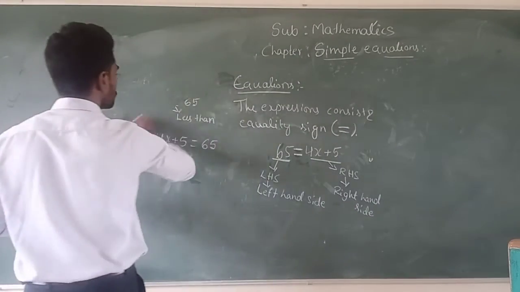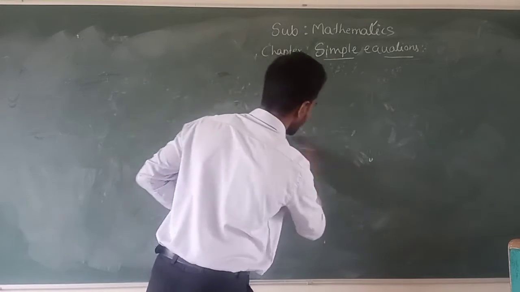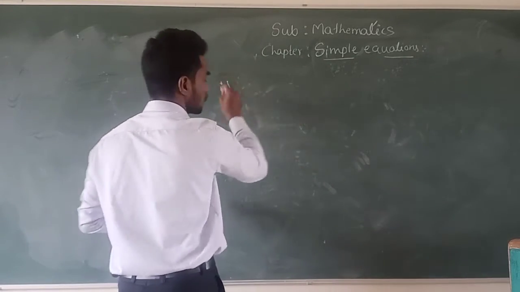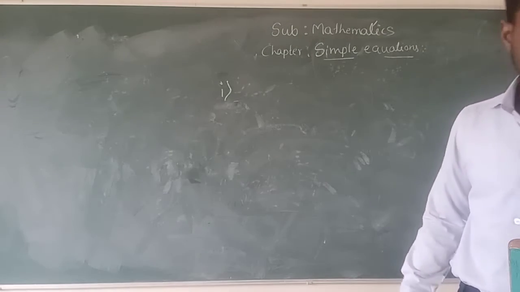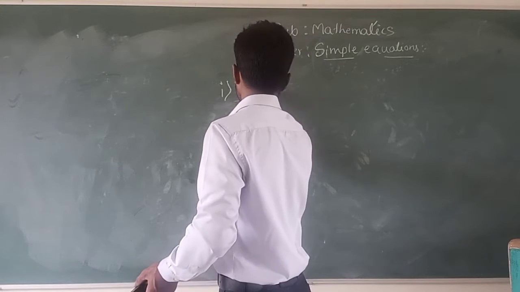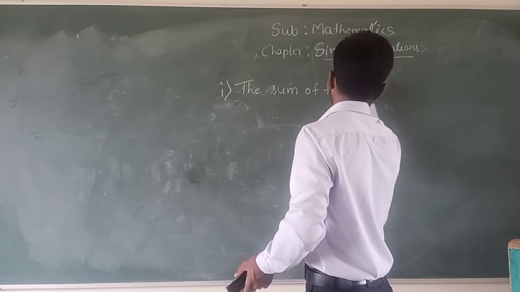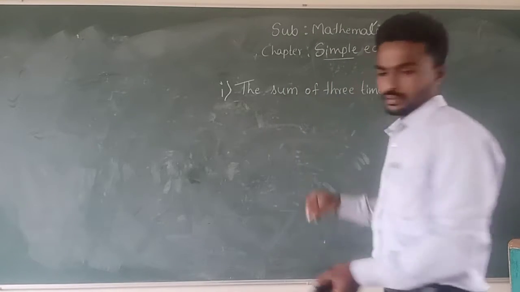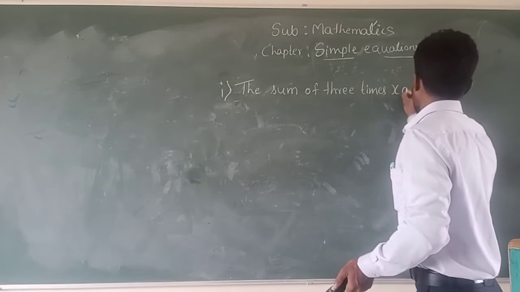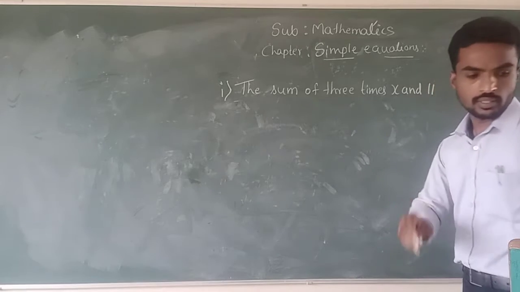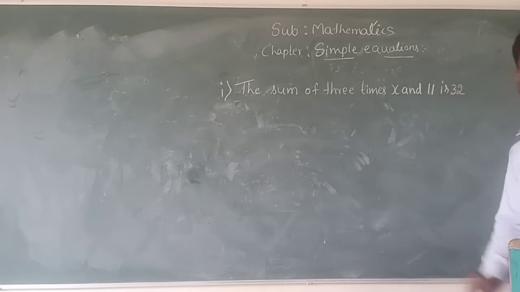For example, first one: the sum of 3 times x and 11 is 32.